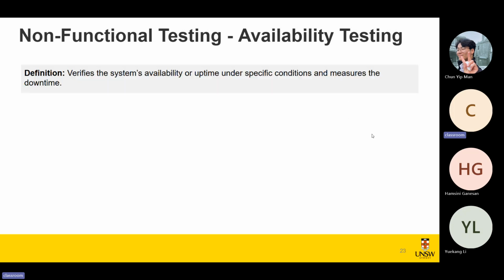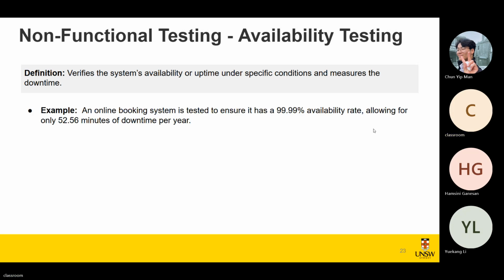And there's yet another metric for non-functional testing, which is called availability testing. Availability testing is to verify the system's availability or uptime under specific conditions or during a period of time, and then we can measure the downtime as well. For example, we can test an online booking system to ensure that it has a 99.99% availability rate, which means that there's only 0.01% of time when the system is down.